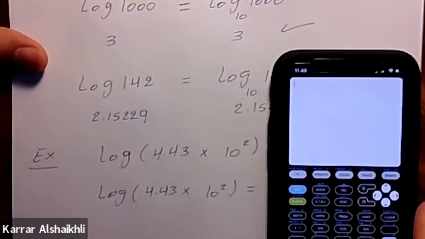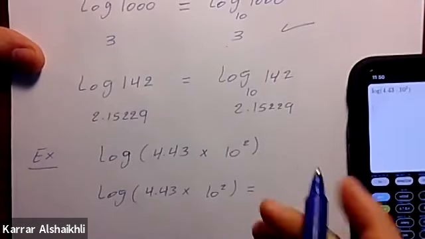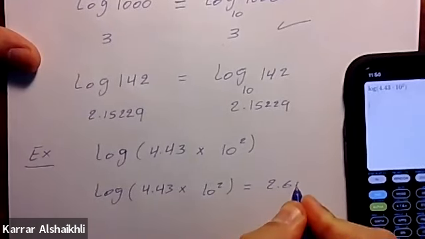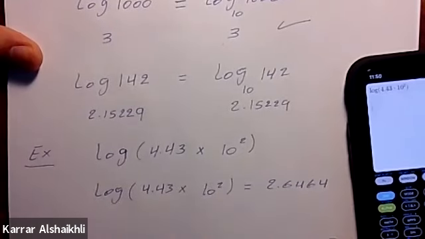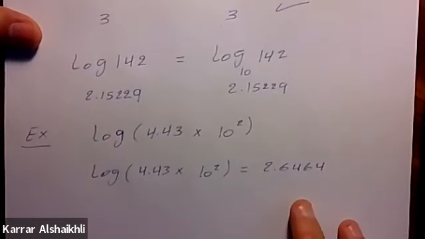Type it exactly the same way: log, 4.43 times 10 to the exponent 2. Close the parentheses. I have to close the big parentheses. So it's going to be 2.6464. So this is the first method, using the calculator.